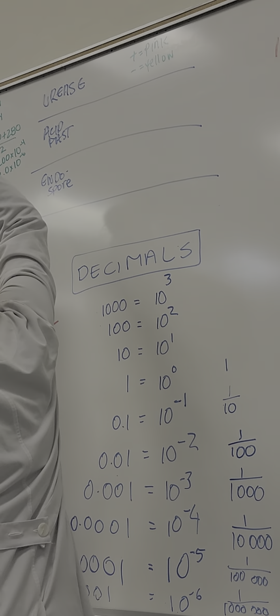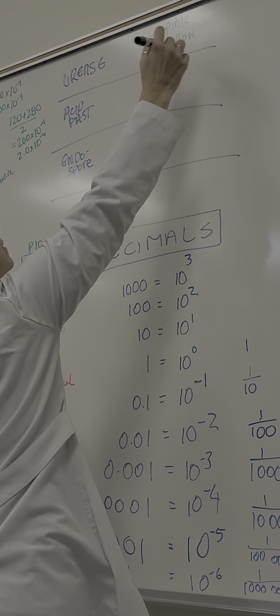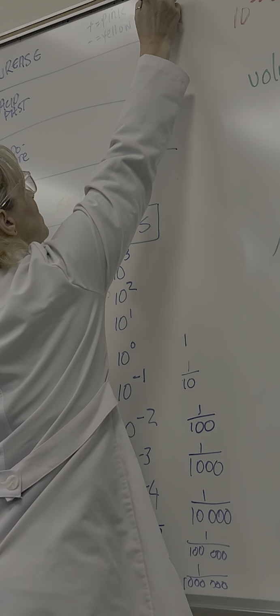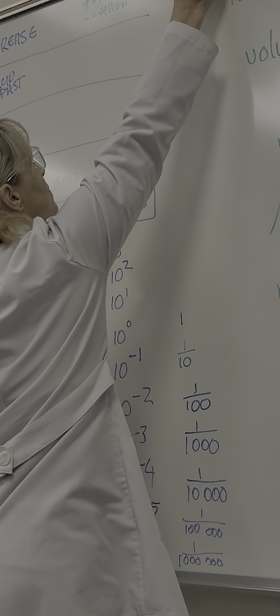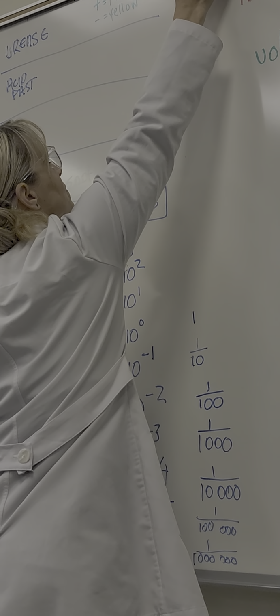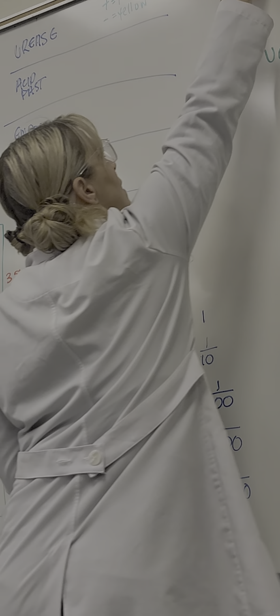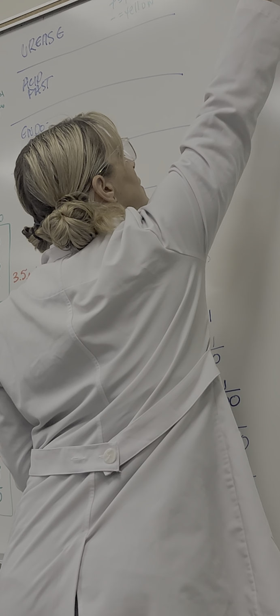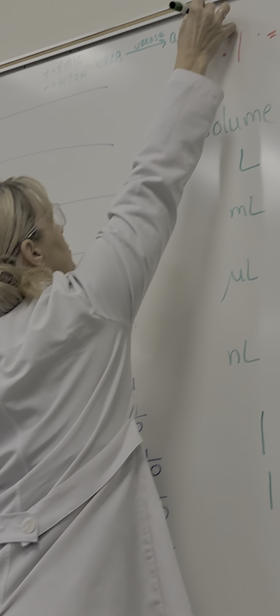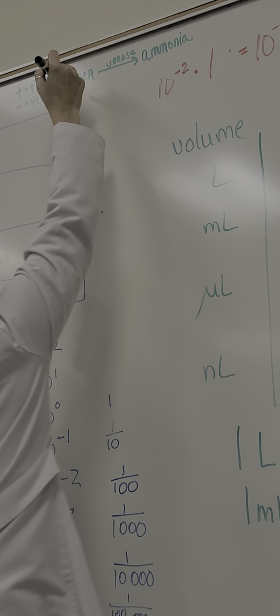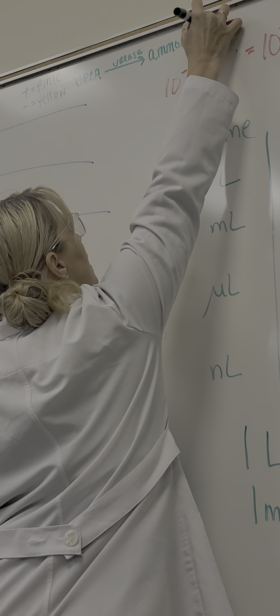And when we break down urea with the urease enzyme, then we get what? Ammonia, which is alkaline. It's high pH.